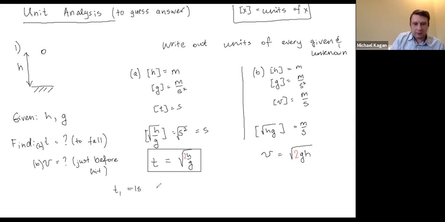You're thinking faster than I'm writing. So T1 is 1 second, and now we double the height. H goes to 2H, and T goes to √2 seconds, right? It goes by a factor of √2. Same with velocity, right? Velocity goes to √2 v.